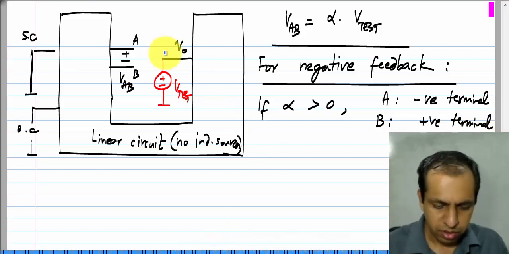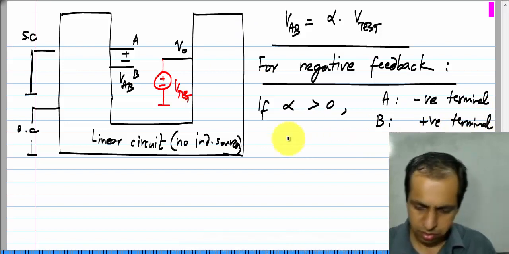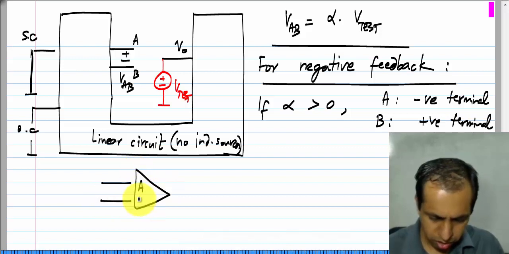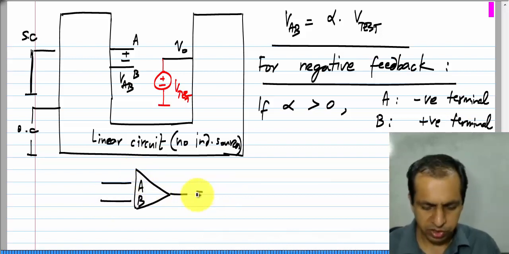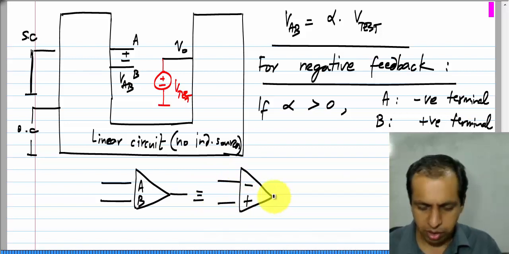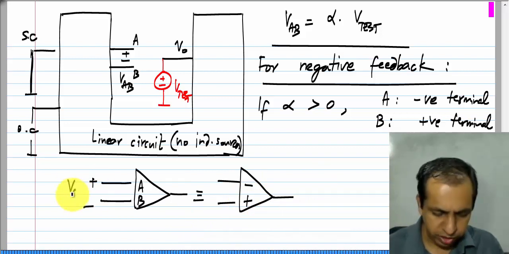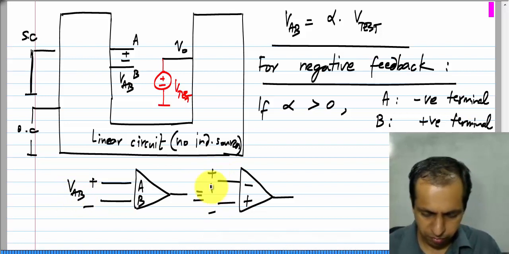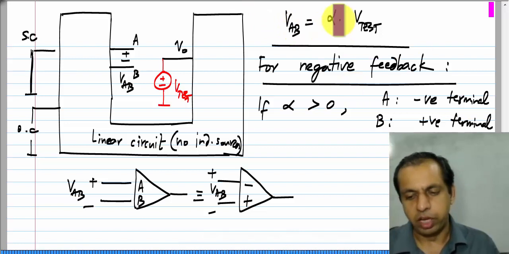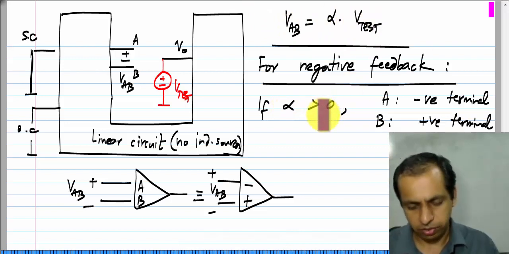Because in that case, this is how the op amp is, and I say that A is the negative terminal and B is the positive terminal. Okay. And this is VAB. Now, VAB is some positive number times V test. I assumed alpha is greater than 0.